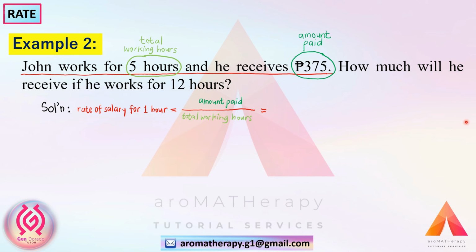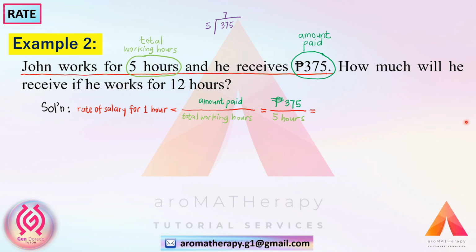Ayan. So what is the amount paid? 375 pesos over the total working hours, which is 5 hours. Okay. We need to divide 375 by 5. So let's try to divide 375 divided by 5.